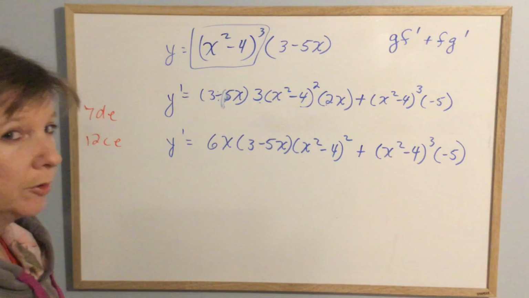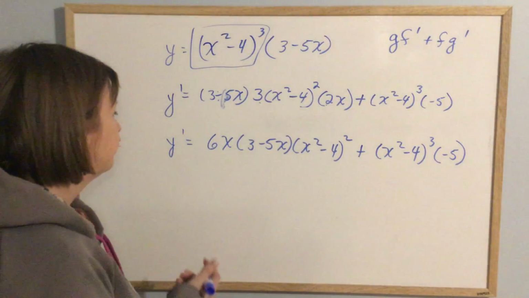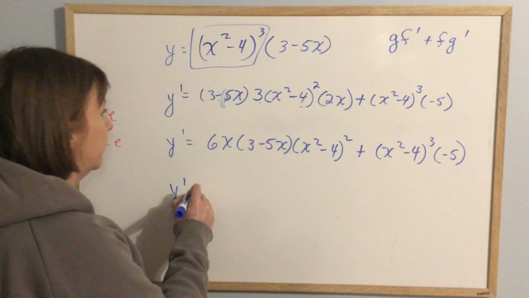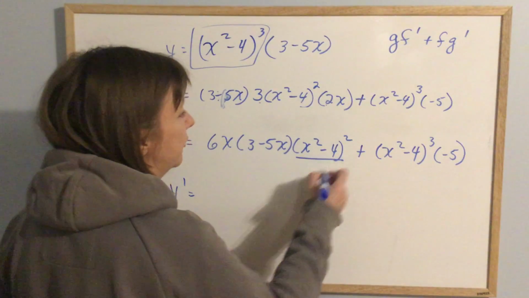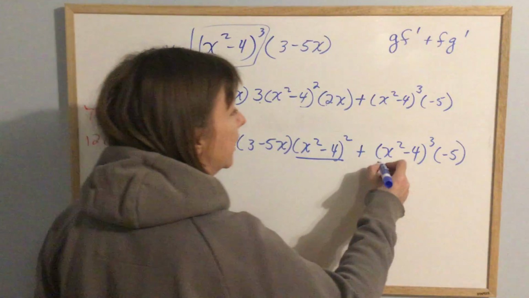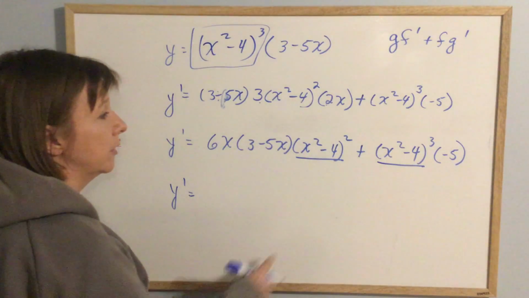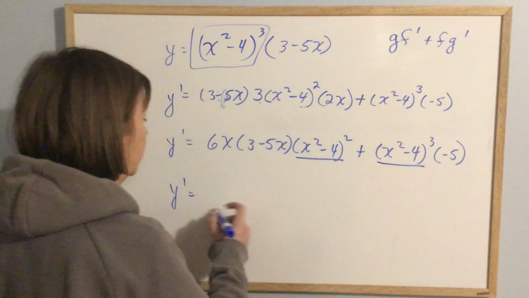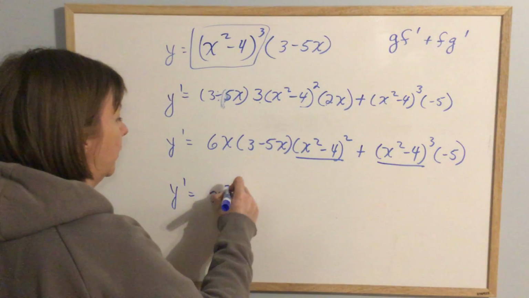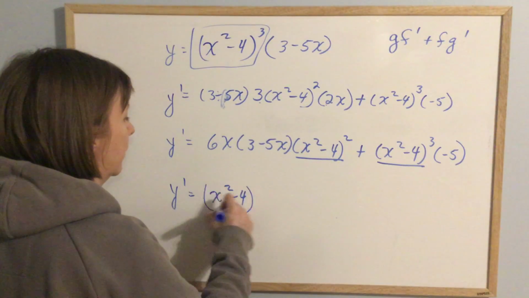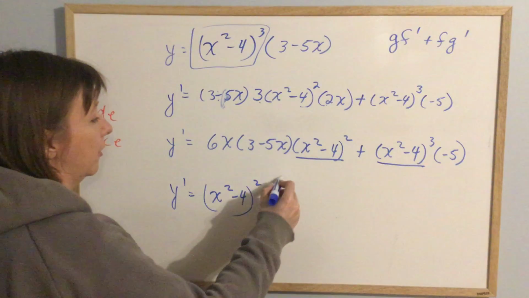So again, thinking about that common factor idea, I have at least 2 of those here, and at least 3 of those here because there it's squared, there it's cubed.